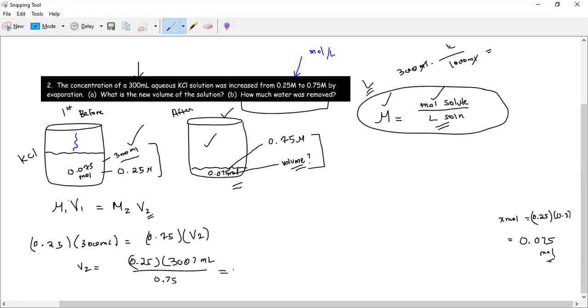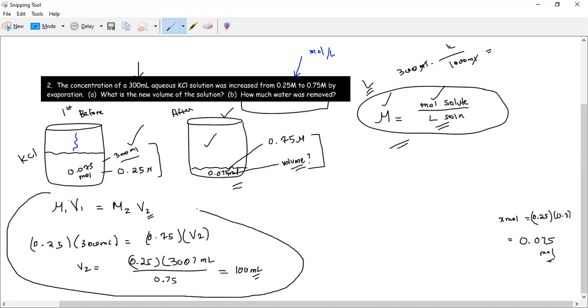So you have 0.25 times 300, and if you were to divide that by 0.75, you would get 100, right? In terms of milliliters. So whatever you put in, you get out. With the other formula, it just puts out liters, but with this one, whatever you put in, you get out, which is, of course, our answer.